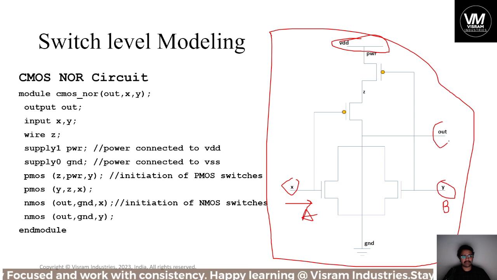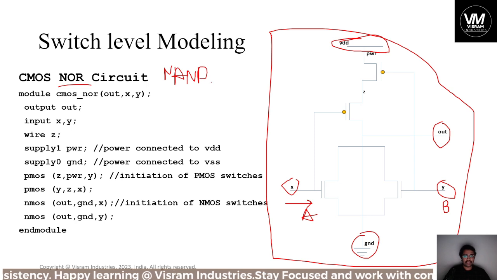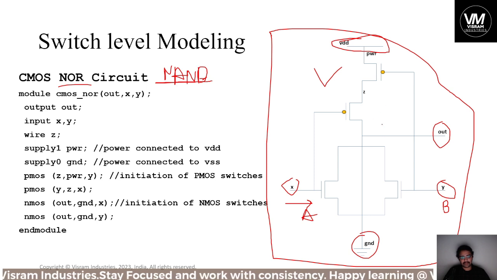Two inputs and one output, and ground, whatever ground we get. Likewise, as an OR circuit, you can also have a NAND circuit. If anyone wants to try and implement this kind of NAND circuit, that is always welcome. You can always come and speak about this. And the representations of NOR and NAND are much more required.